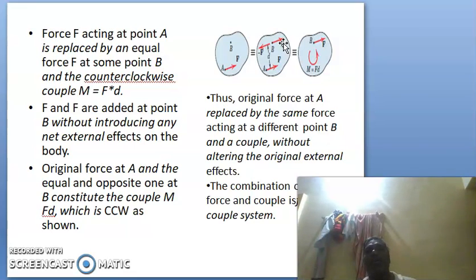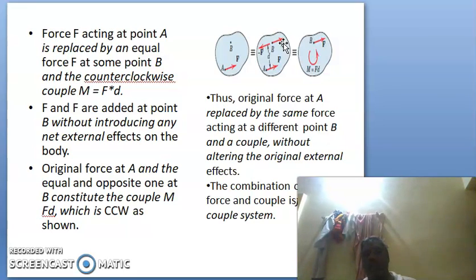But for our purpose we are not going to cancel them; not for that have we added them. We are going to combine the force at A moving towards the right and the force at B moving towards the left, separated by a distance small d. They will constitute a couple.